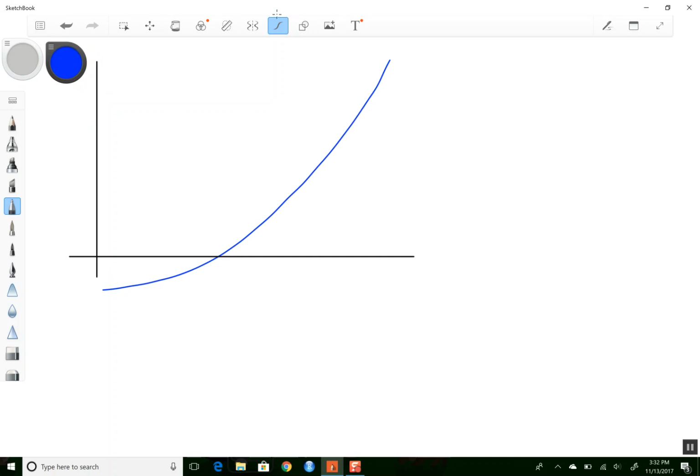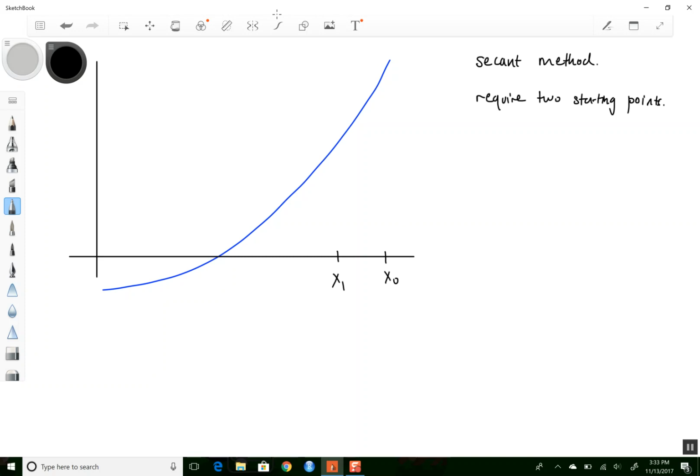Here's some function, and in the secant method, we require two starting points. We'll start with an x0 and an x1.